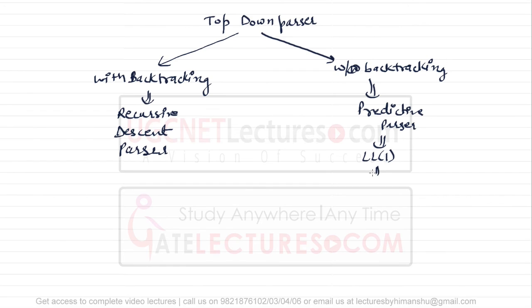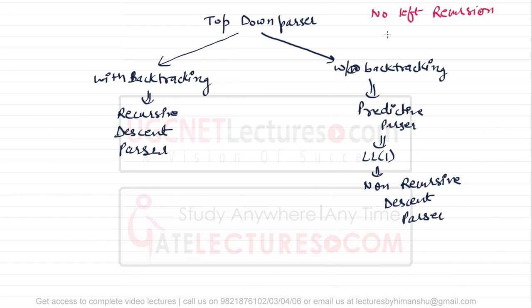For the top-down parser, the grammar should not have left recursion, and it should not have left factoring. No left recursion is allowed and no left factoring is allowed; only then do we apply the top-down parser.